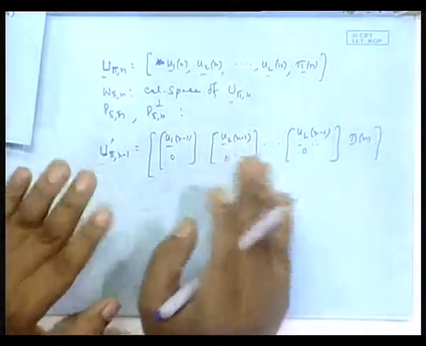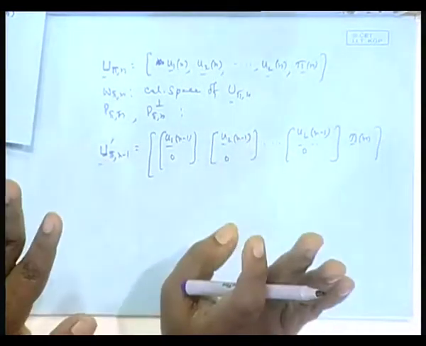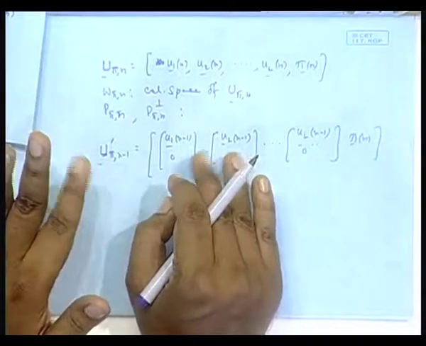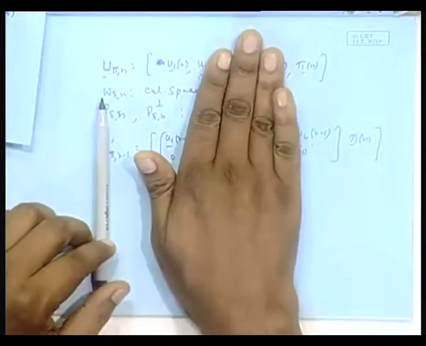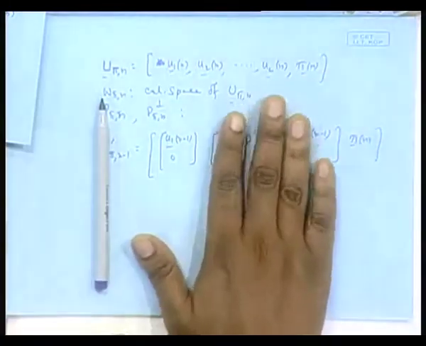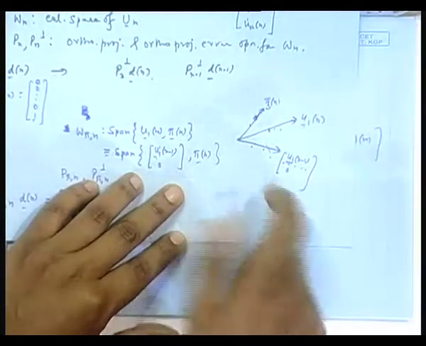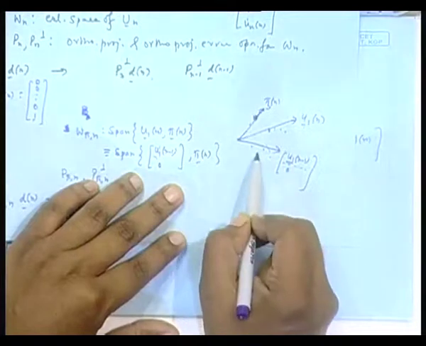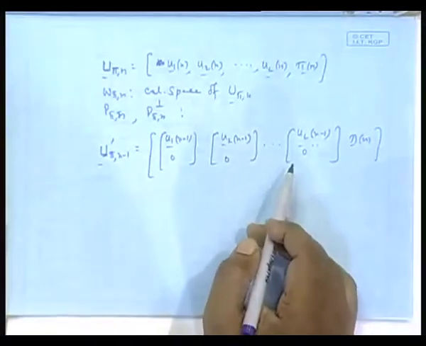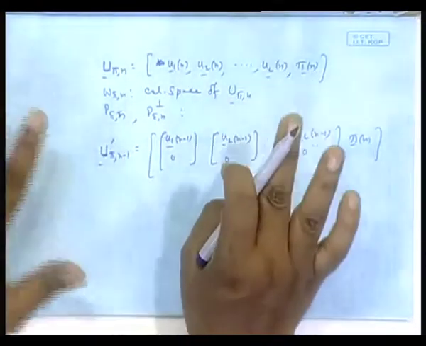Now I am going a little more general. Earlier u2 to ul were not present. I considered u1n and pi n, and in the other case I considered u1 n minus 1 0 and pi n. That is what I did in this figure. Now instead of only one vector, I am considering all of them.